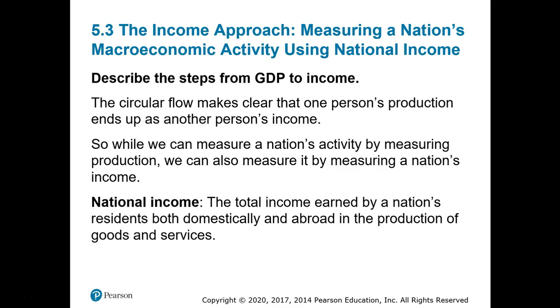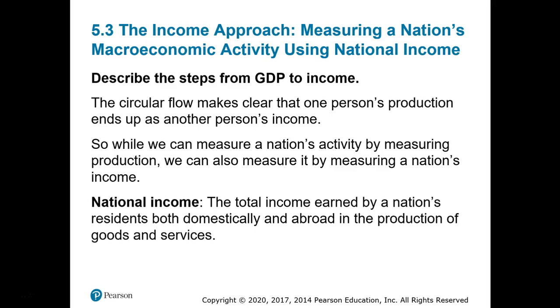But how does GDP move to income? The circular flow makes it clear how a person's production becomes income. If we think that way, then we can figure out how a nation's activity can measure production.